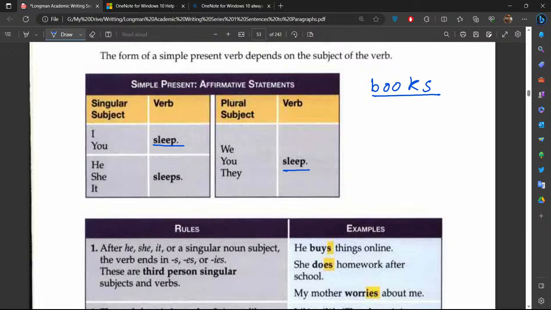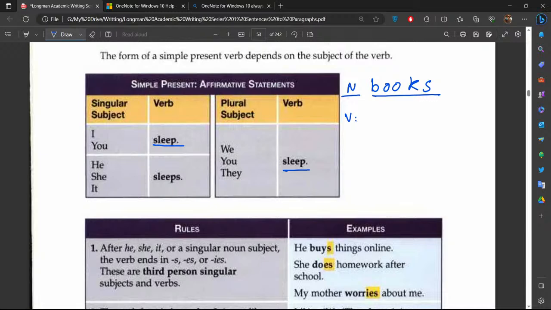A math book, two or three math books, or notebooks. That adds s, so these are nouns. They become plural. But when verbs take s, that means they have been used with the third person, the he, she, it subject pronouns.